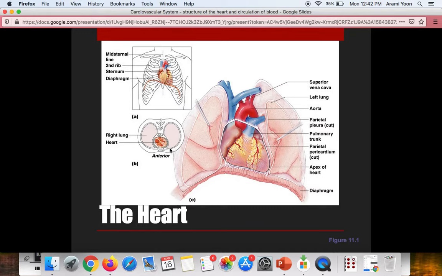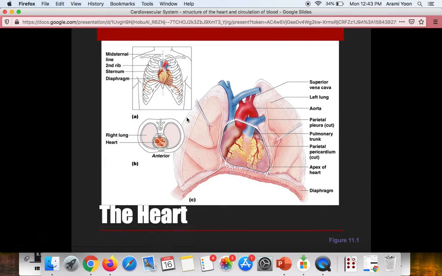Now, the reason why you would see the ventricular walls and the septum even when you do a transverse cross-section is because the heart actually is not oriented straight up and down. It's oriented on its side in your body. Here you can see the diaphragm, which is the muscle that controls your breathing. When you contract the diaphragm, it pulls down, which then pulls a space open in your lungs, drawing air in, right?